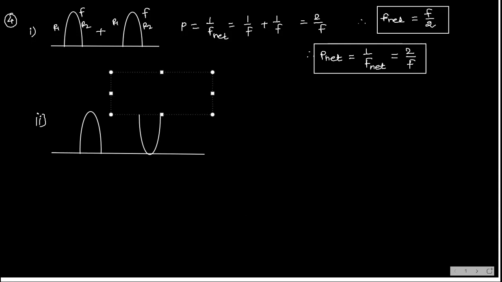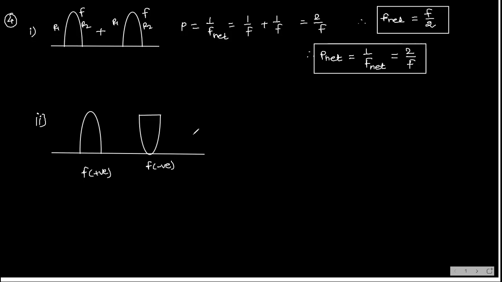You can see now how I have placed these two lenses. Right? And now for this, the focal length is positive. For this, the focal length is negative, if you calculate.